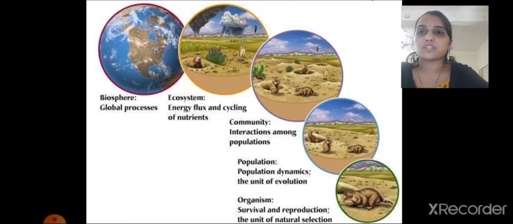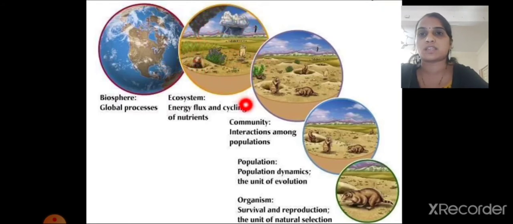So here in this picture you will properly understand this. The first is the biosphere, meaning the complete earth is shown in this picture. Then next the ecosystem is shown, meaning in a particular area the energy flux and cycling of nutrients will be observed, how the different factors are affecting each other.